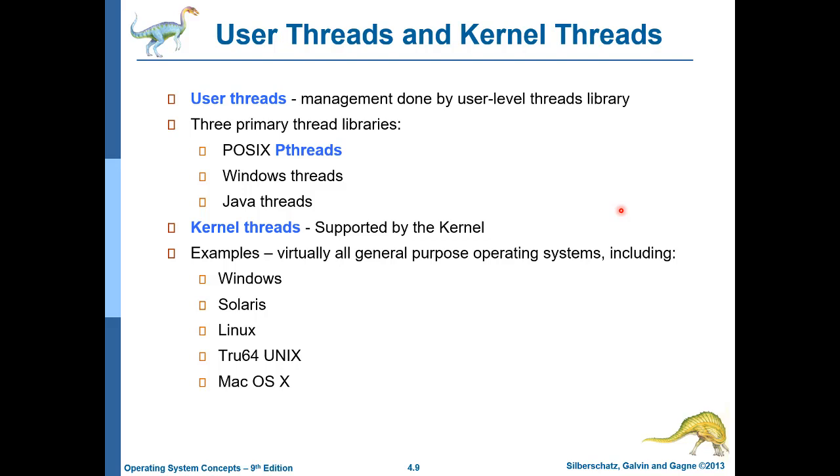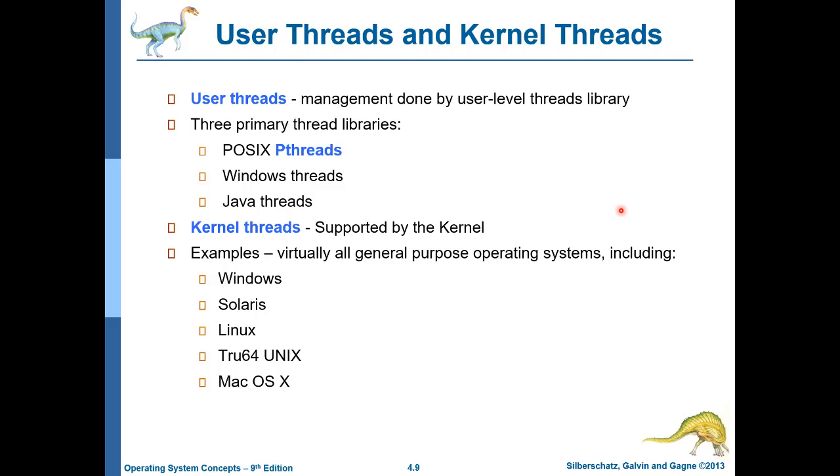Same here, we have libraries which are for dealing with threads. POSIX Pthreads are mainly used in Unix and Linux. Windows threads is the library or API provided for the Windows programming languages, Visual Basic, .NET, C#, etc. They have different threads libraries.